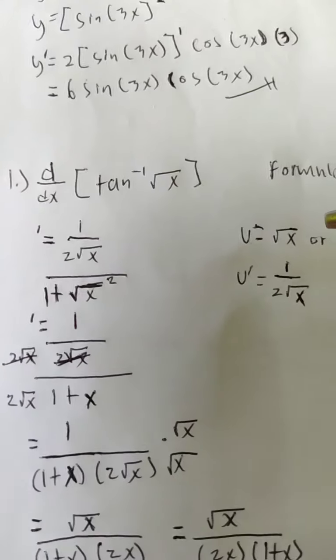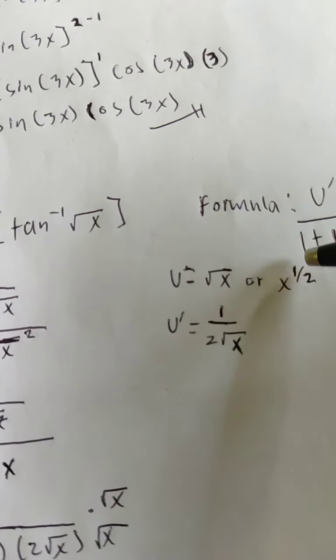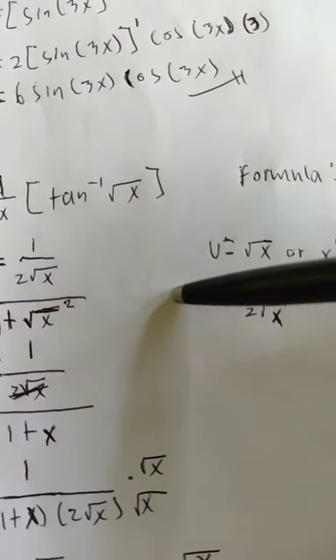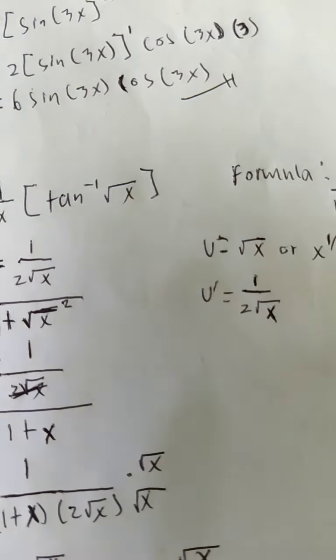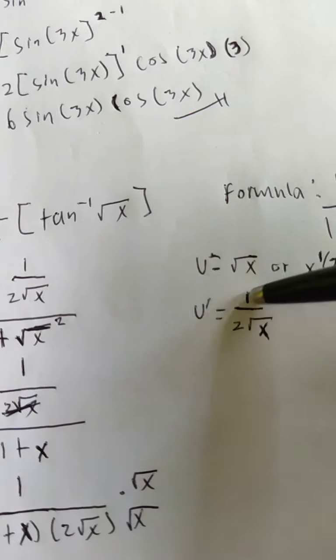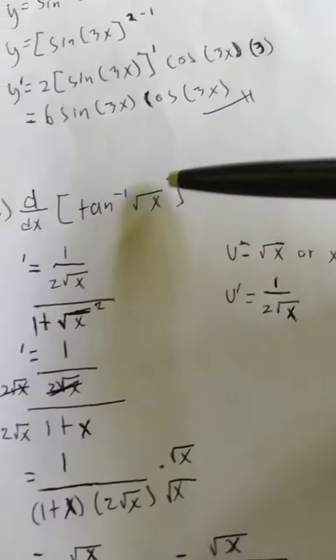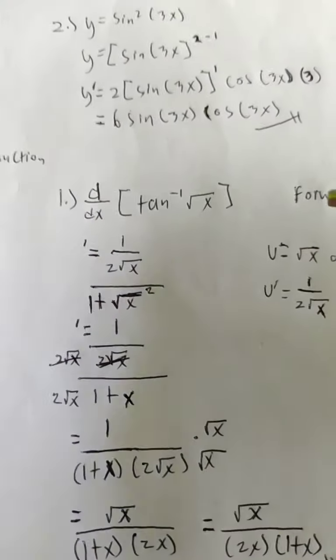Our u here would be square root of x, or simply x raised to 1/2. And our u prime, the derivative of the square root of x, would be 1 all over 2 square root of x.